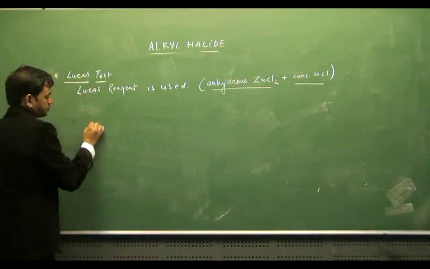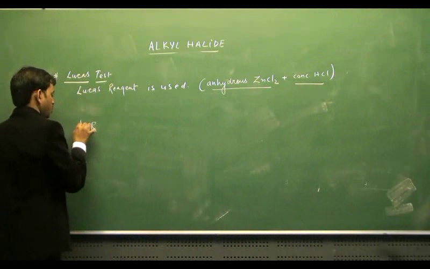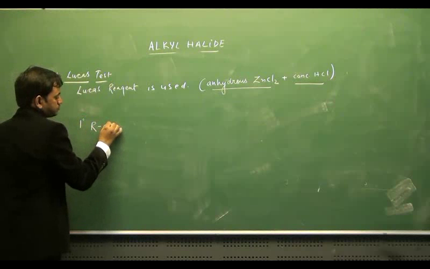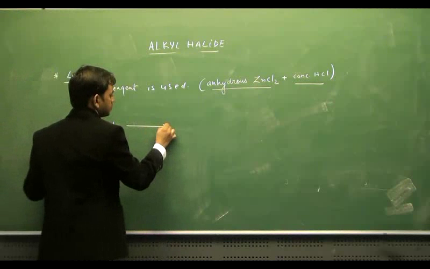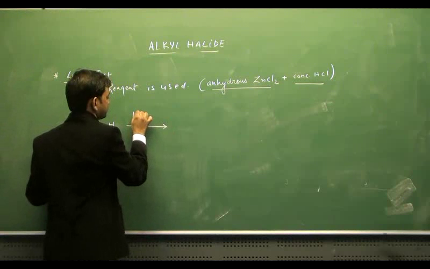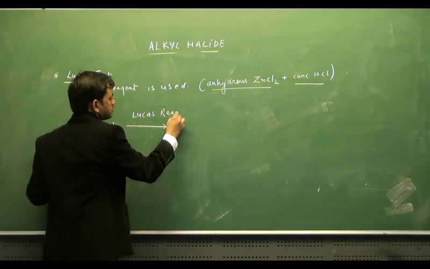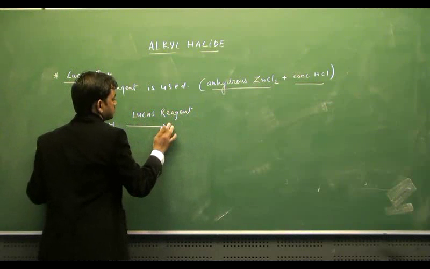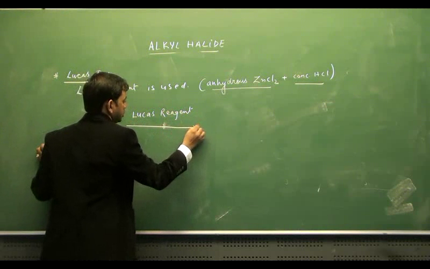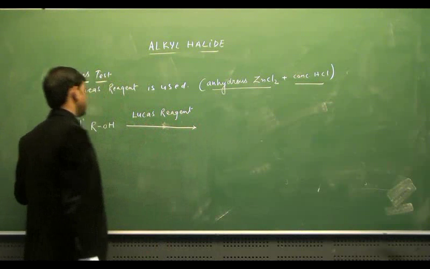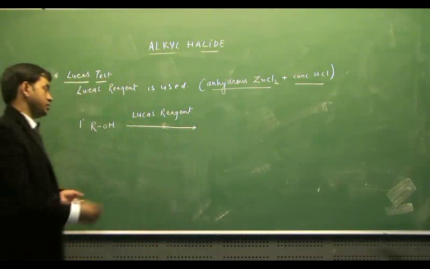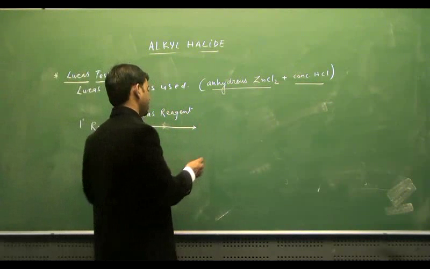1 degree alcohol with Lucas reagent gives turbidity, converted to alkyl chloride, after a long time.